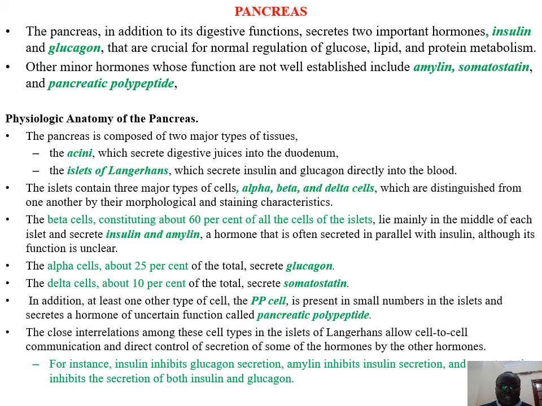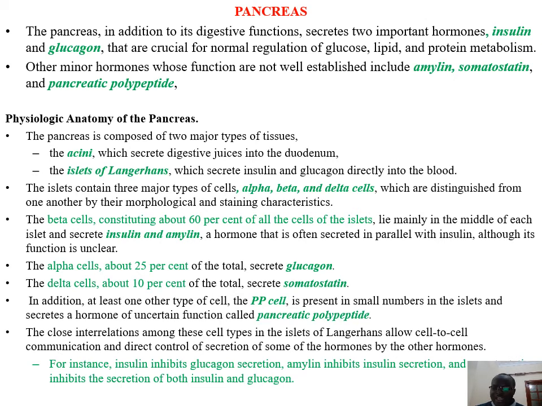The close interactions among these cell types in the islets of Langerhans allow cell-to-cell communication and direct control of secretion of some of the hormones by the other hormones. For instance, insulin inhibits glucagon secretion.